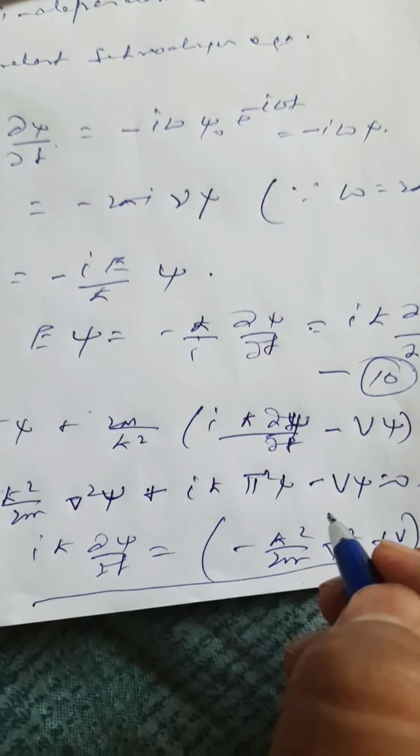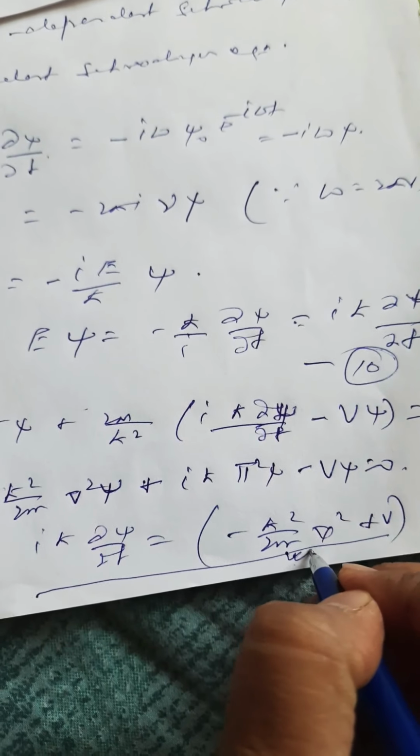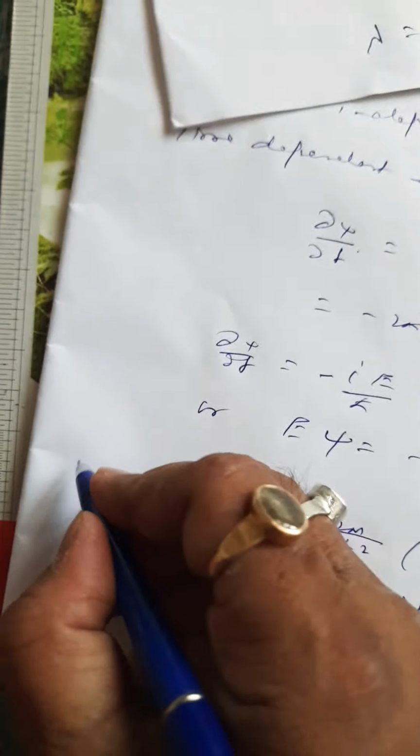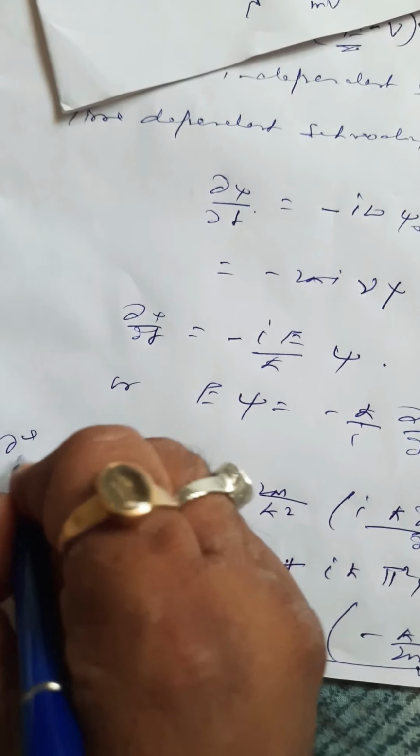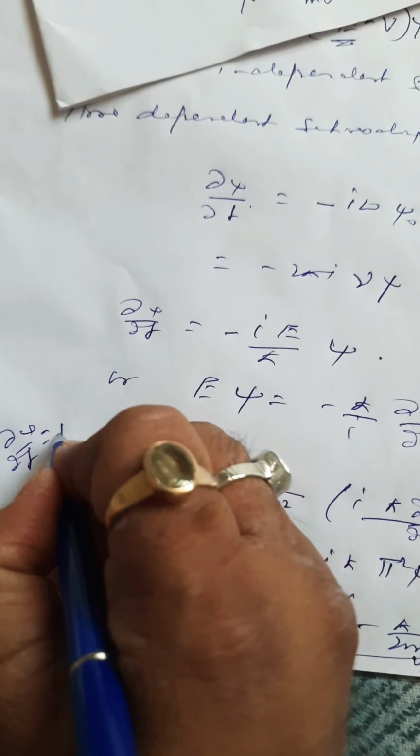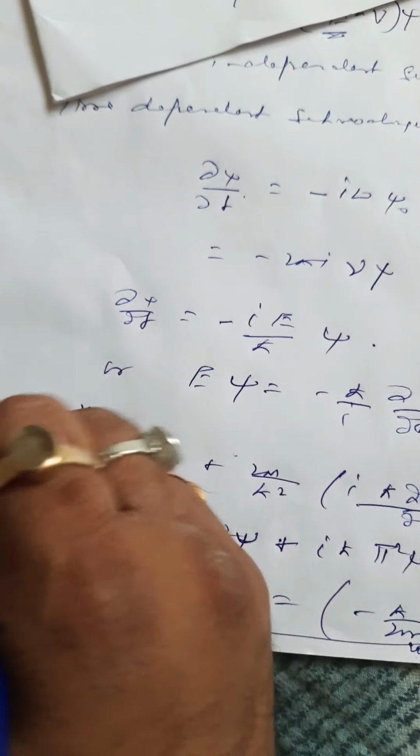Okay, and in place of this you can substitute capital H, which is the Hamiltonian. So we'll write i h cross del psi by del t equal to H psi.